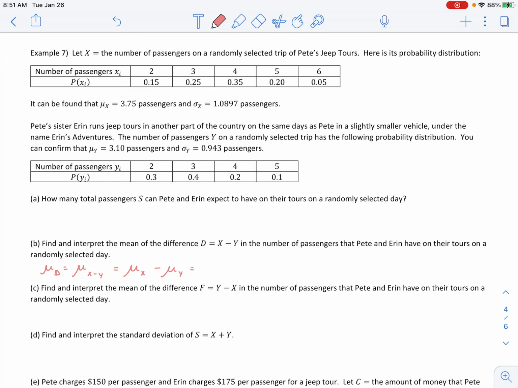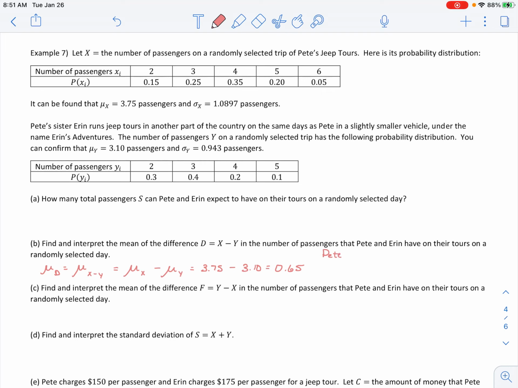So we were told that the average for Pete is 3.75. The average for Aaron is 3.10. Therefore, mu sub D is 0.65. Now, that's all well and good to find it, but it would be nice if we knew what it meant. So this is saying that Pete averages 0.65 passengers more per day than Aaron does.